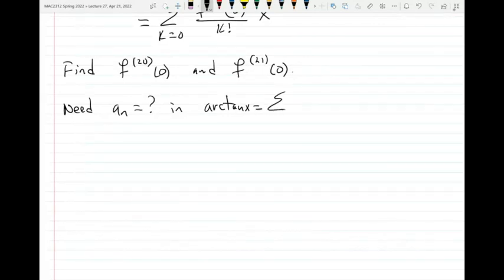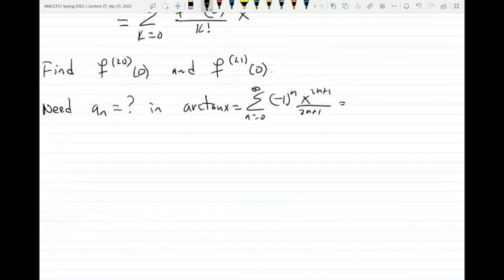Just remember, this is the sum from 0 to infinity of negative 1 to the n, x to the 2n plus 1 over 2n plus 1. Now, it's easier to look at it from this point of view. So remember, when I say I want a_n, I want this. Because this is a power series centered at 0, it's always equal to this, but now this n right here is even, odd, all the numbers, because I see all the powers.